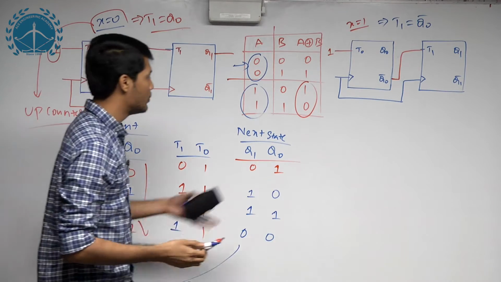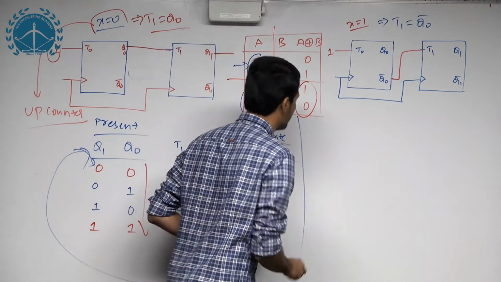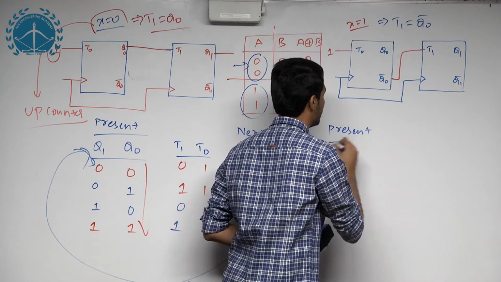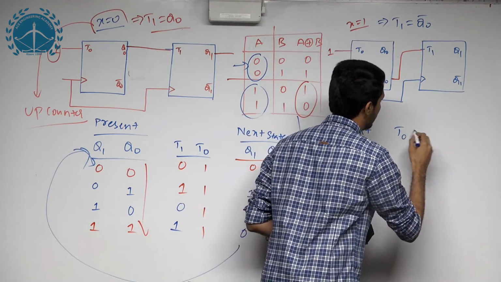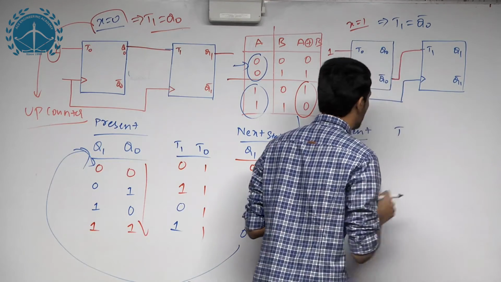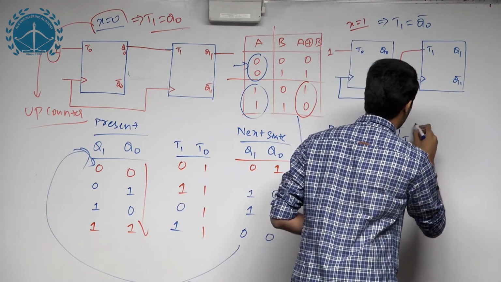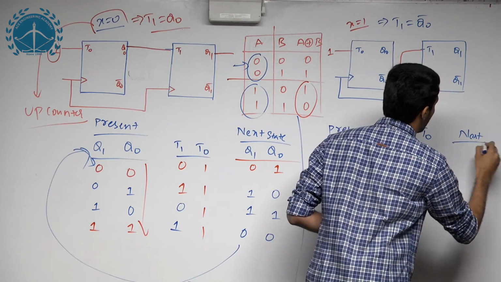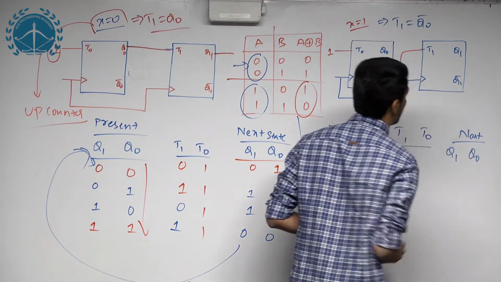Okay. We will do the same analysis for the next one. Here again we will make present state, T1 and T0, and next state, Q1 Q0.